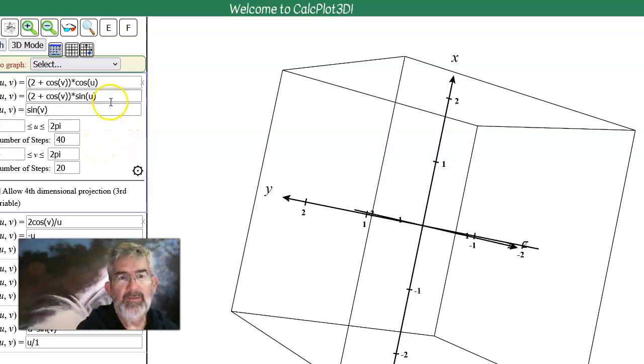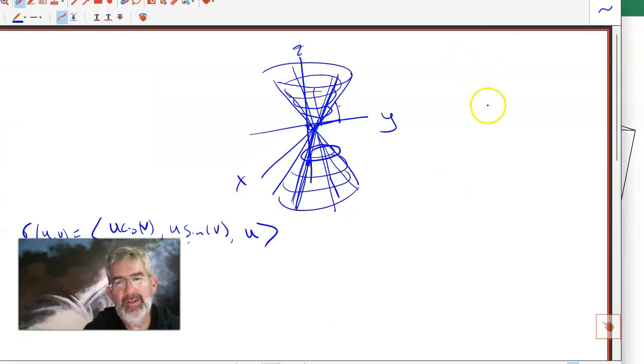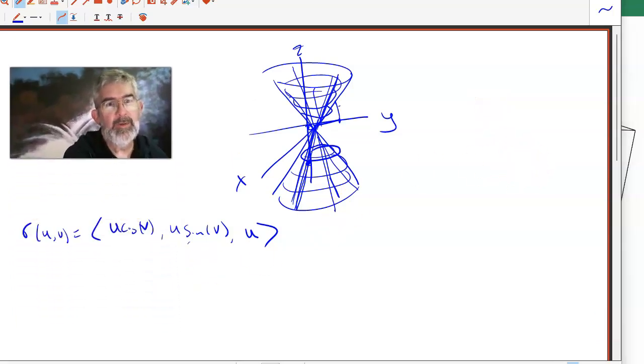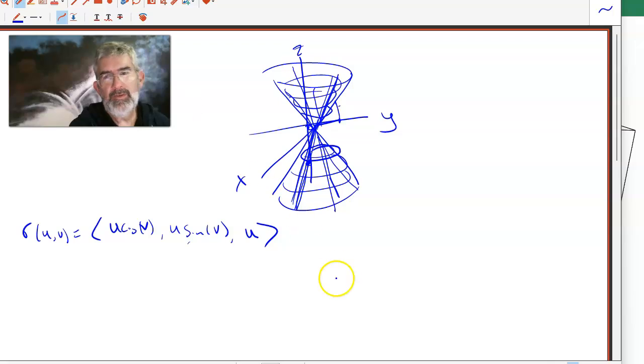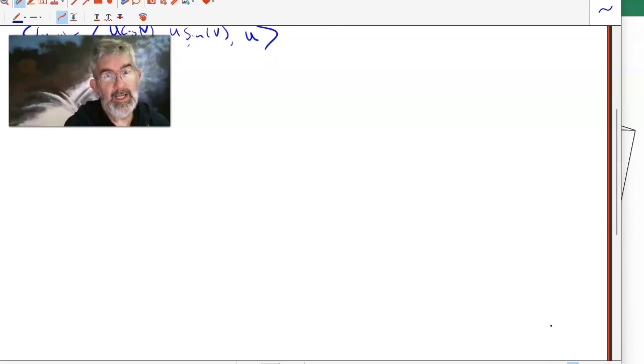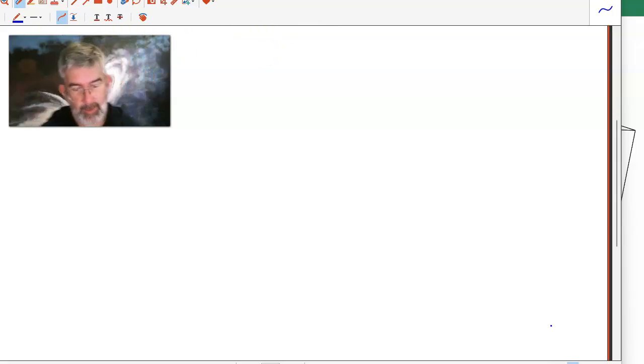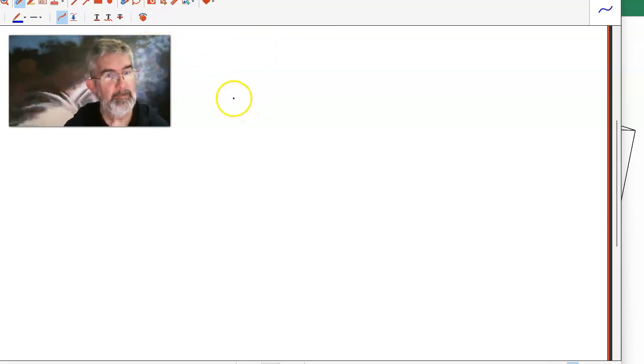I don't want to show you this one because that's my next example. Like other things that we've done, you haven't done this before, and so taking some time to play with it, to experiment, see what kind of surfaces you can create. See if you have a surface that you want. Can you create it? And the thing is, I do have a surface that I want right now. I want a torus, a donut, a bagel, whatever you want to call it.